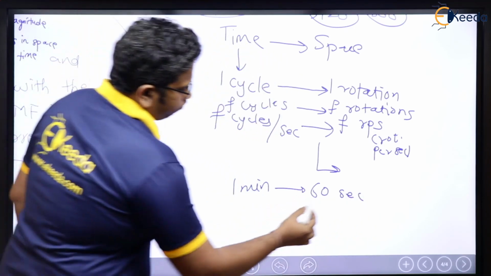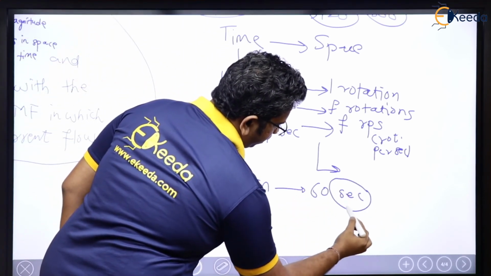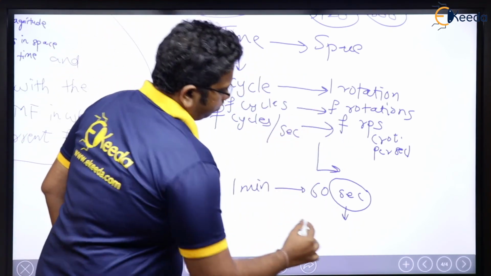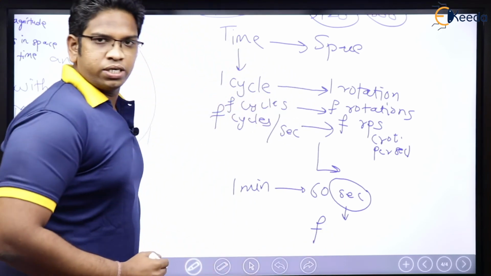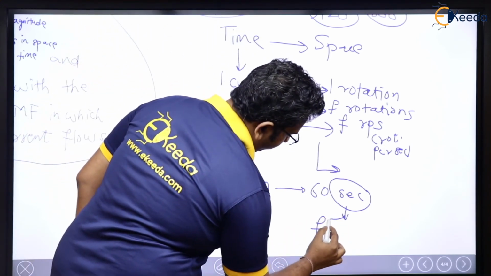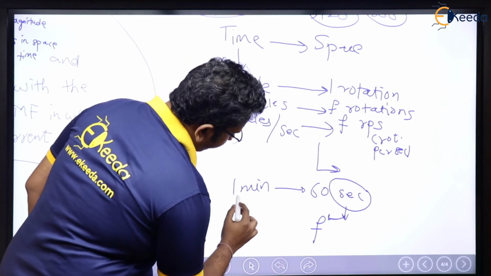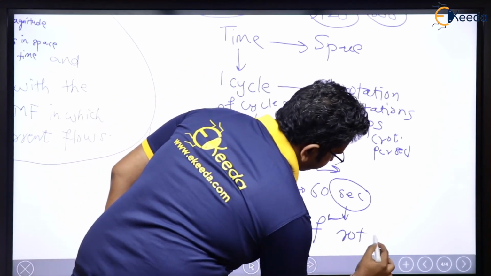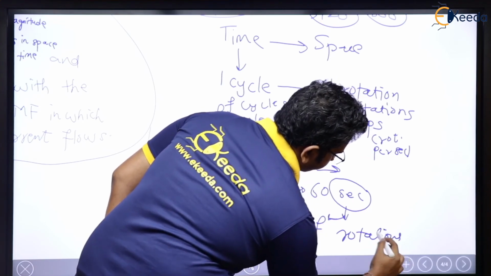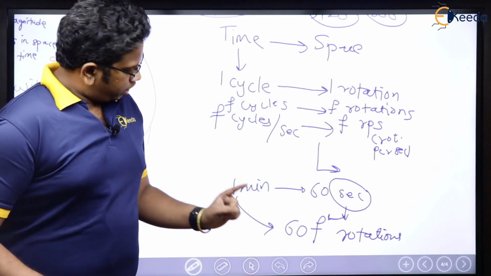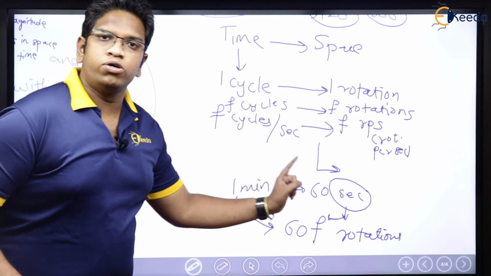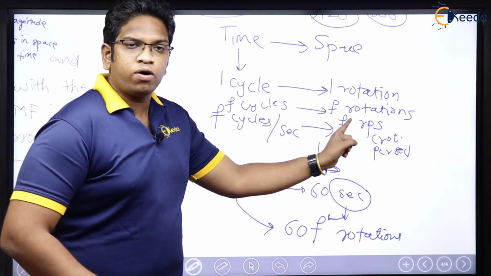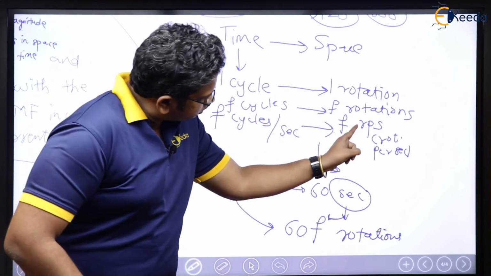For 1 second, I have F rotations, because it is F rotations per second.